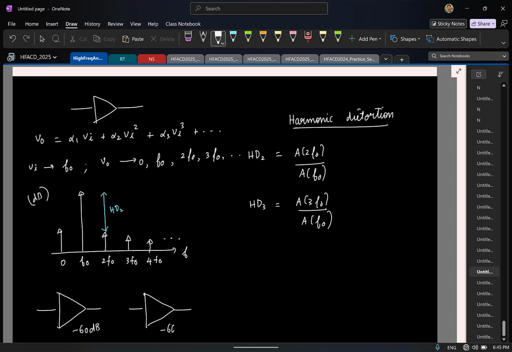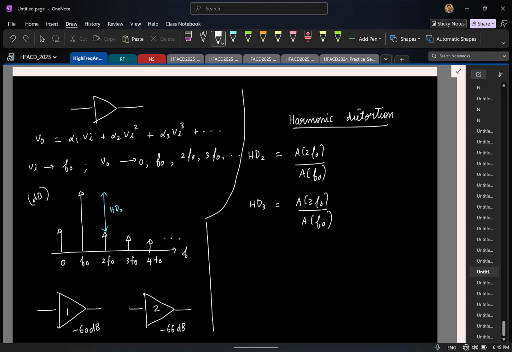This guy has minus 66 dB. So if I give you just this piece of information that the second harmonic distortion is minus 60 and minus 66 here, which of the two op amps do you think is more linear in terms of at least second harmonic? First one or second one? Second one. But okay, hold on to that thought before jumping to that conclusion.